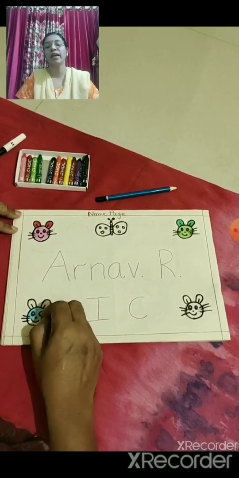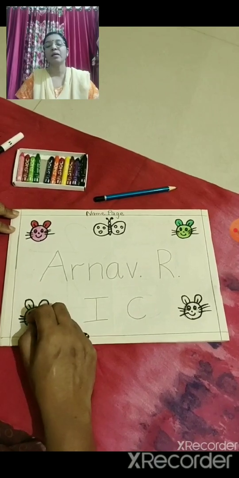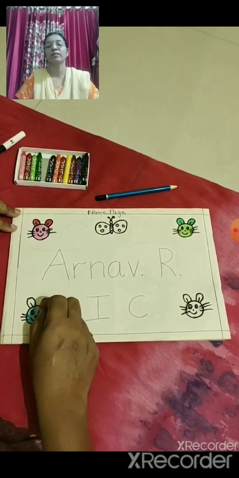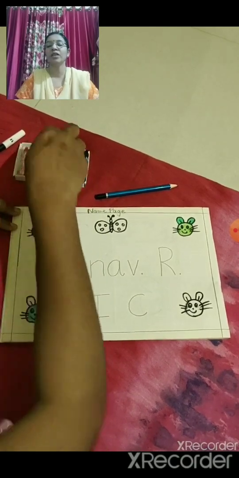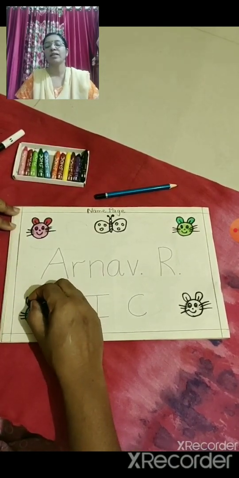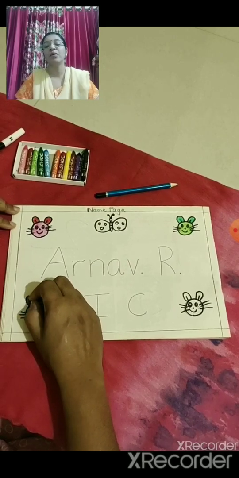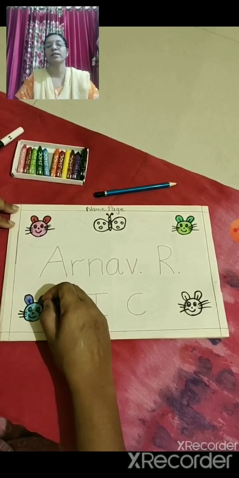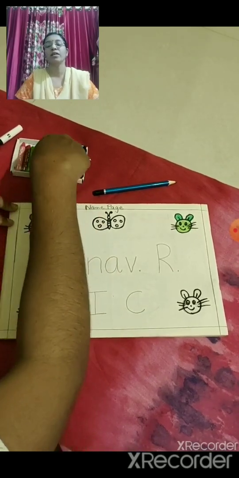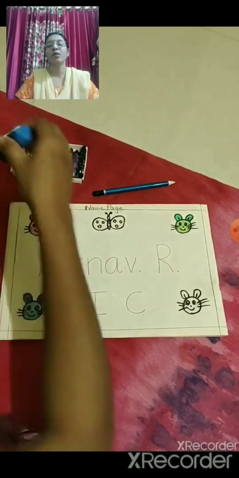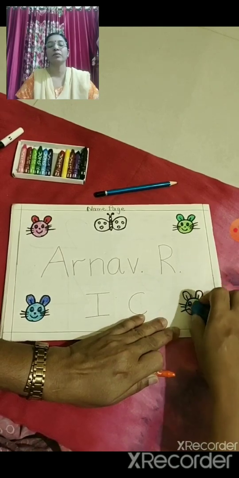Which color did I take? I had taken light blue color for the face. And then for the ears, which color will I give? Yes, I'll give dark blue color. So here's a combination of light blue and dark blue.